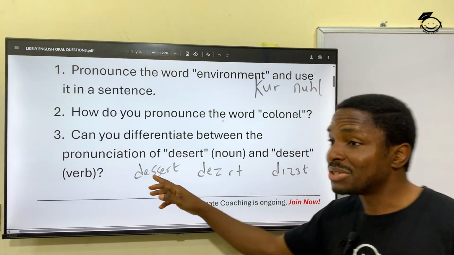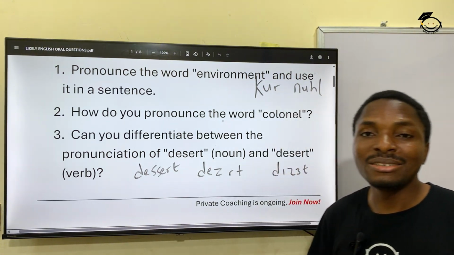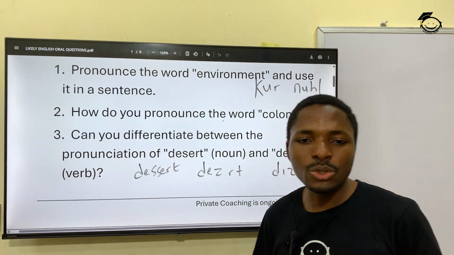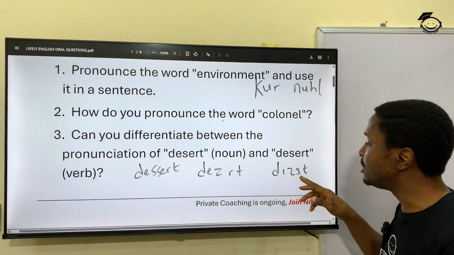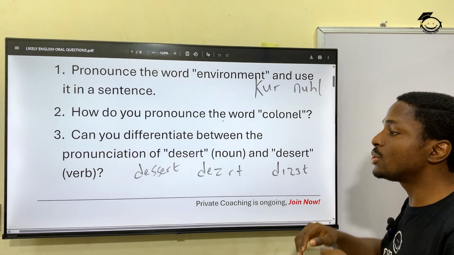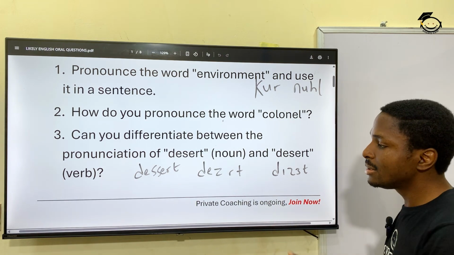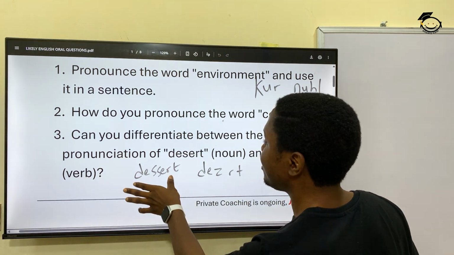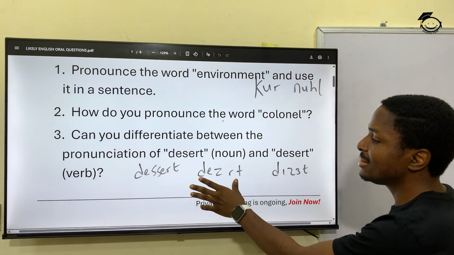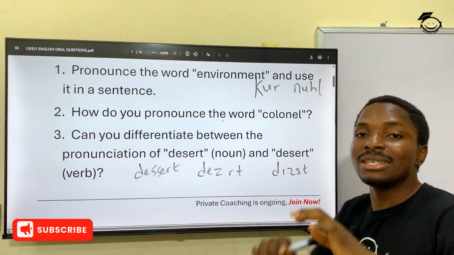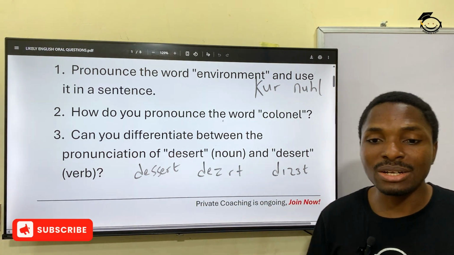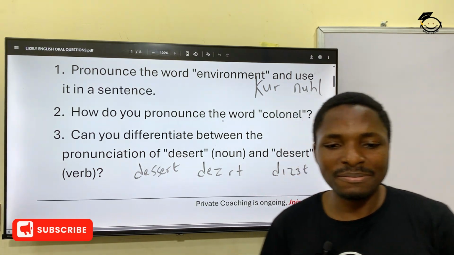And then you have dessert, which has double S, like food. So this desert means to abandon, to leave something. Desert in the noun means a place where there is no water, no vegetation, a barren land.